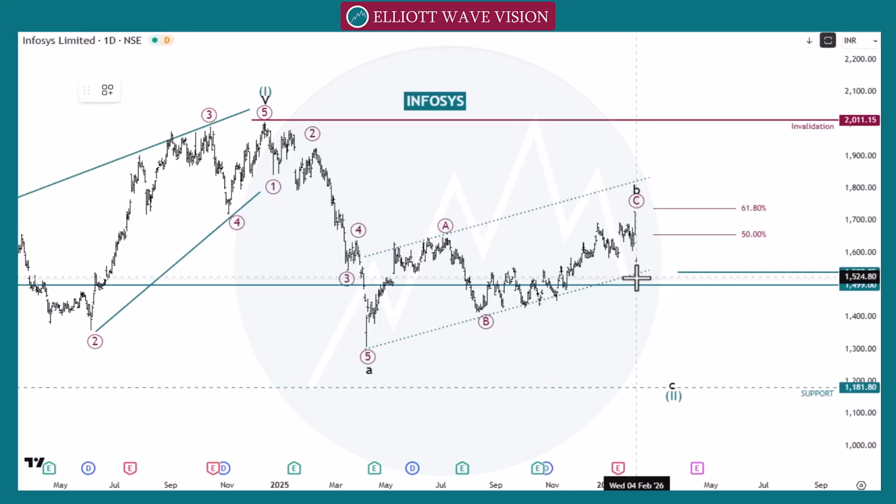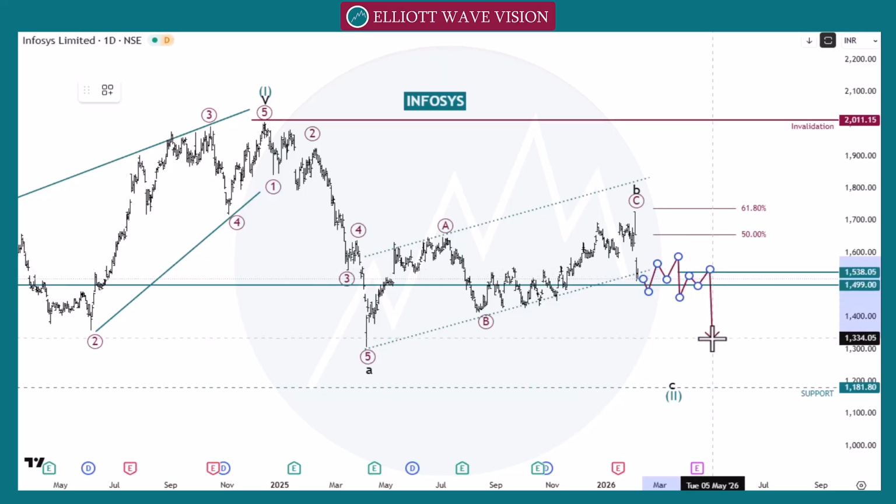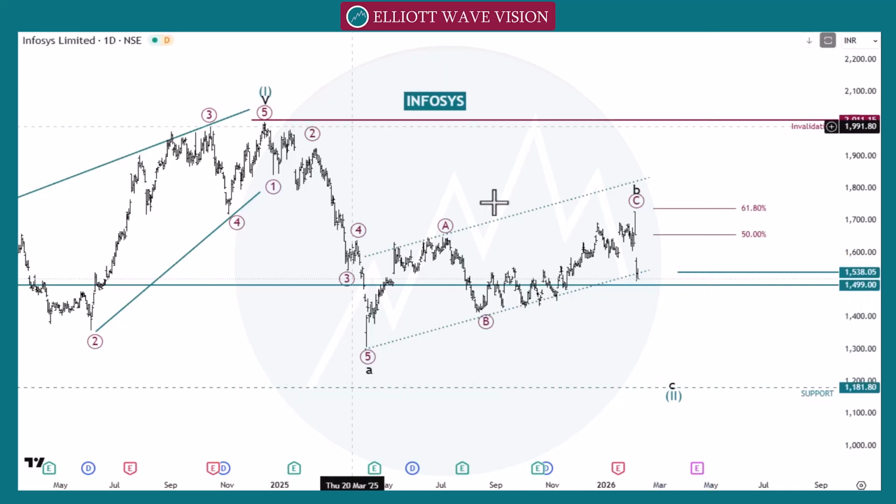So now we need to wait for the arrival at this 1500, arrival, a reaction, first low below level A, B and C. Then we will go towards the 1300. If 1300 gives us the pattern, then we will go towards the 1200 as a wave C. So if market gives us the classic trading level pattern above this wave B at 1700, then we will go towards the bullish side.